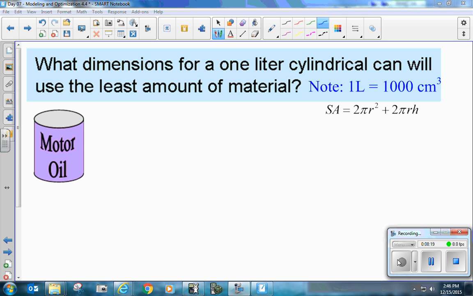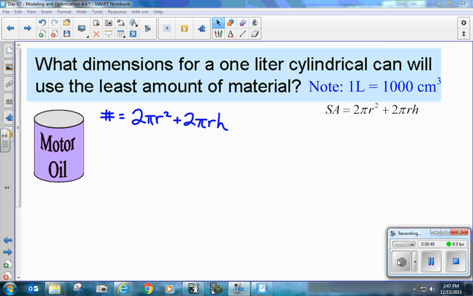So, if I want to use the least amount of material, some number to represent the surface of this material is going to equal 2 pi r squared plus 2 pi r h. That's what I'm taking the derivative of, and that is what I'm going to try and make one variable. I currently have 2 variables. I have my r for radius and my h for height.